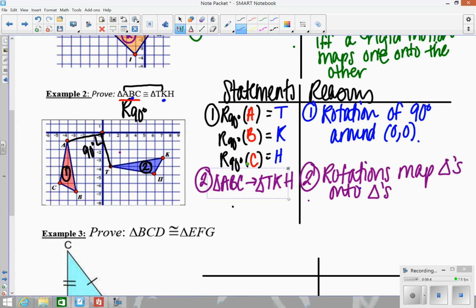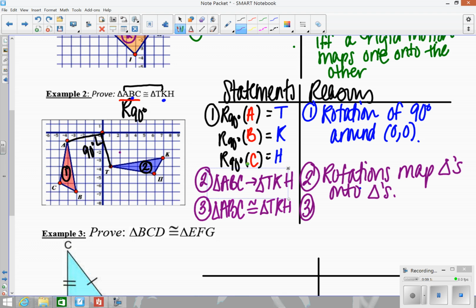So if you start with a triangle, it'll map onto a triangle. So then the last thing here is to say that these two triangles are congruent because we found a rigid motion that maps one onto the other. So remember, rigid motions are preserving all of the segment lengths and all of the angles, meaning overall the figures have to be congruent. They're the same shape and same size.